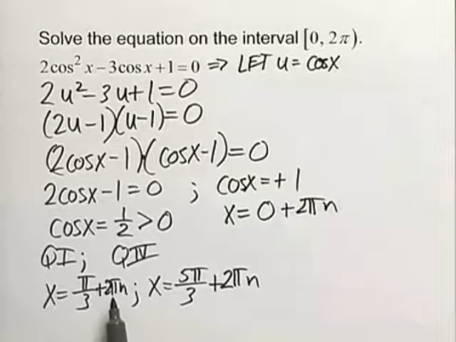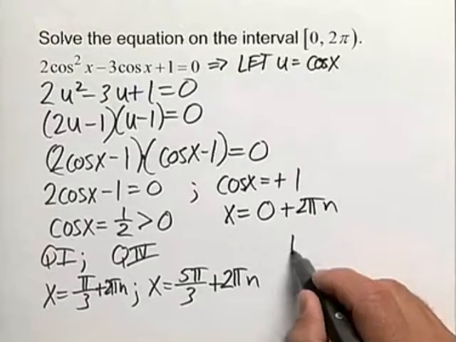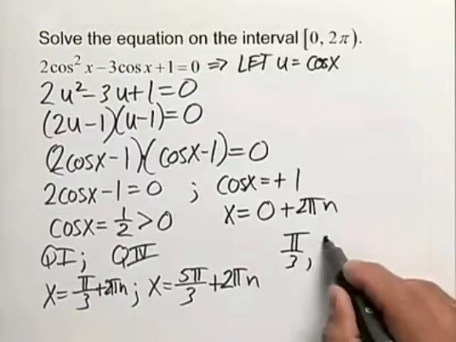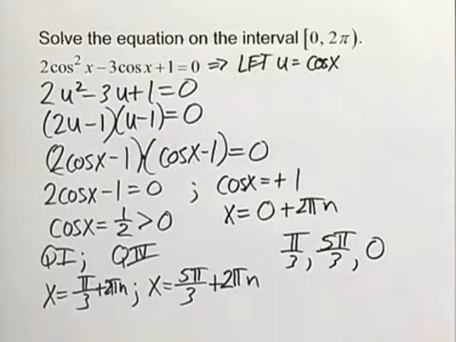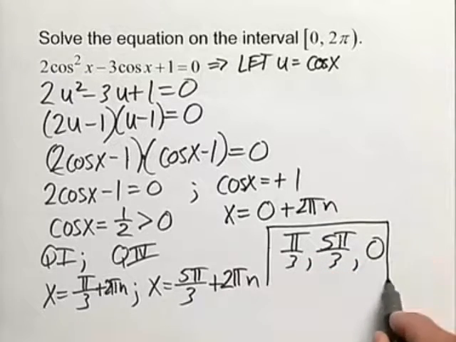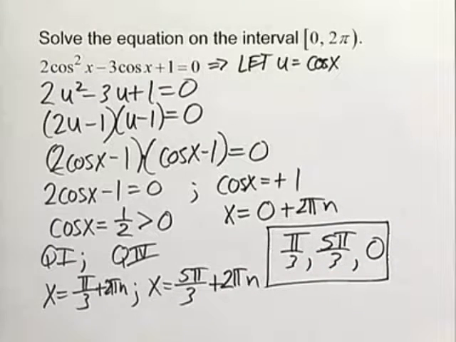So when we plug in n equals 0 into all three of our potential solutions, we come up with the three solutions, pi-thirds, 5 pi-thirds, and also 0. Those are the three solutions between 0 and 2 pi. Note that if we plug in 1 or a negative 1 for n, that will take us outside our interval. So we've done it. We have our three solutions to this trigonometric equation that is quadratic in form.